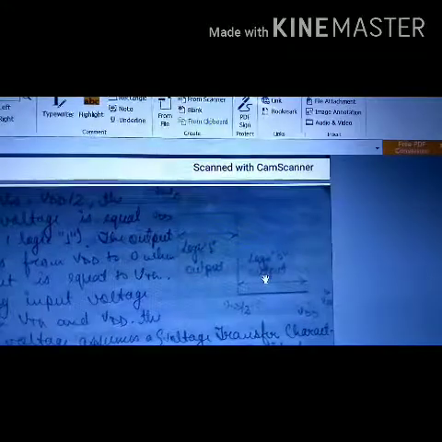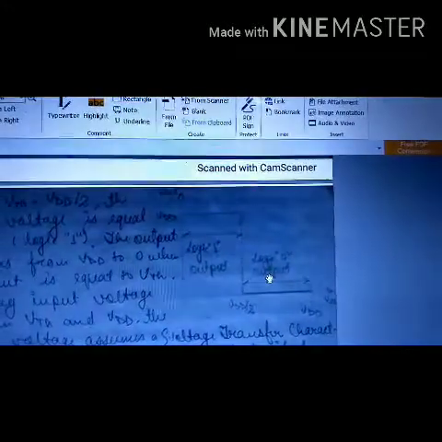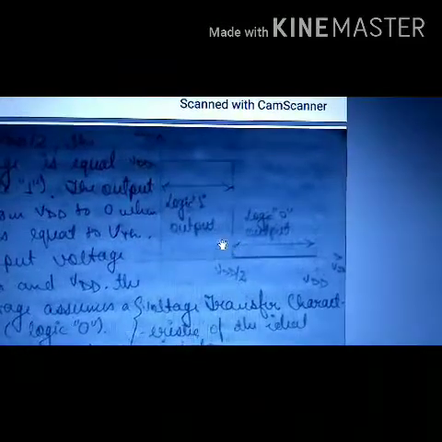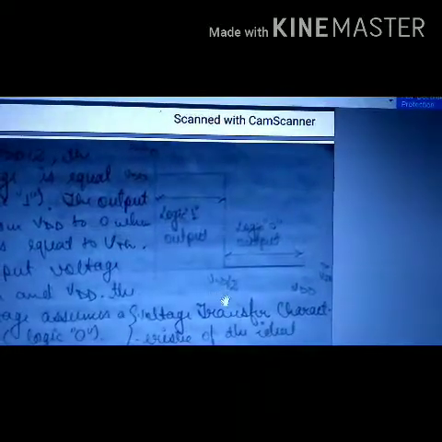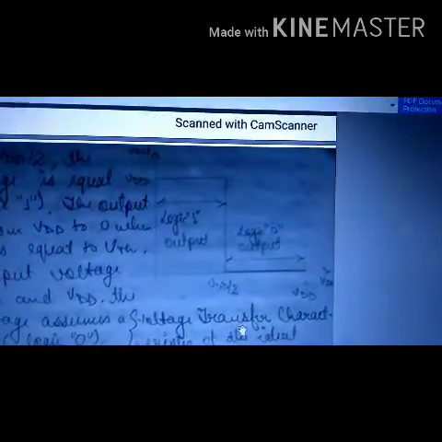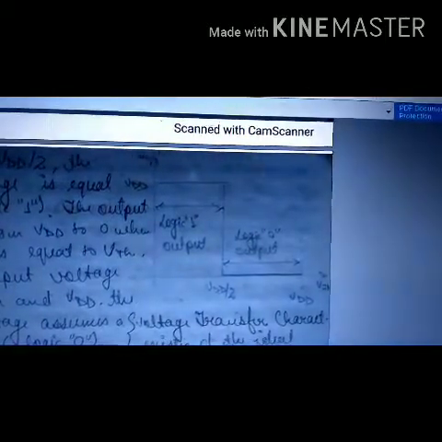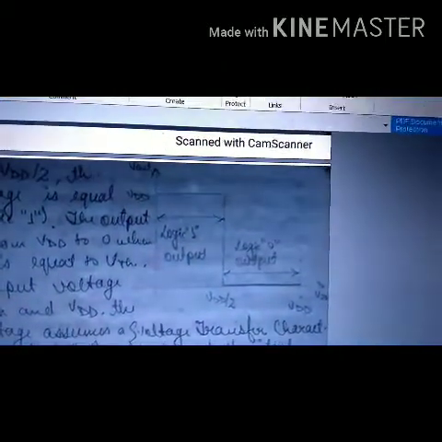Okay, now if we look at the center of this characteristic, there is a voltage level marked VDD by 2. Normally this voltage level is called the inverter's threshold voltage, VTH.